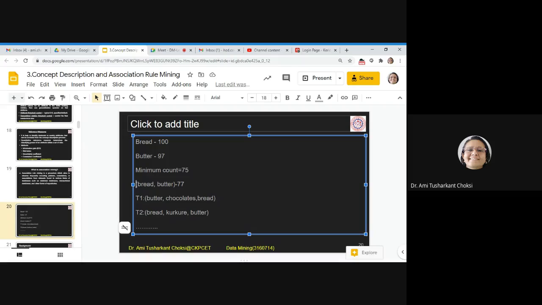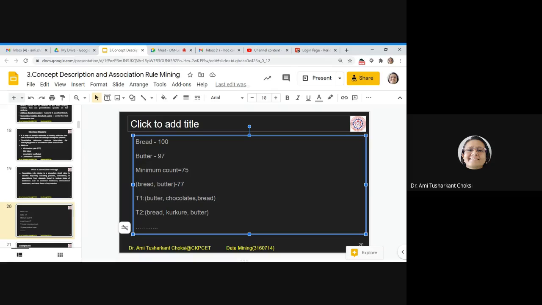And I can see that when bread is purchased, people purchase butter also. So that is the rule I am making. Not 100% of the time. But at least in many cases, I can say that if bread is purchased, butter will also be purchased, for at least 77 people out of 100, isn't it?